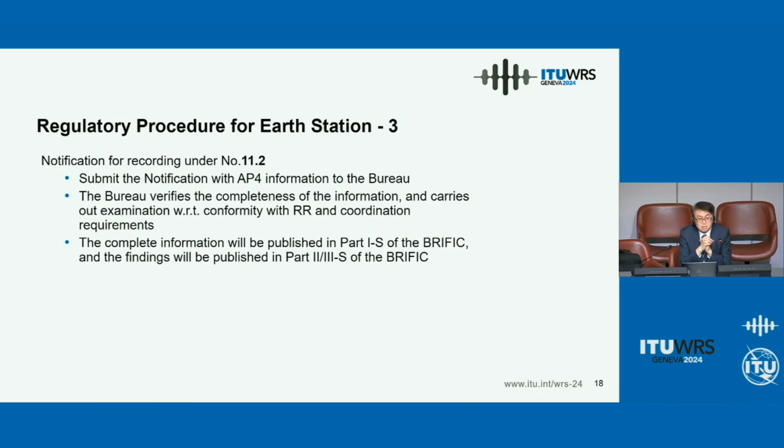Then, after you have done your coordination, yes, you go to the notification. So notification for recording is under 11.2. I have mentioned for the satellite network, but for Earth station, it is similar. Bureau will verify the completeness of the information, carry out examination with respect to conformity with RR and coordination requirement, and then we will publish them in a BR IFIC.